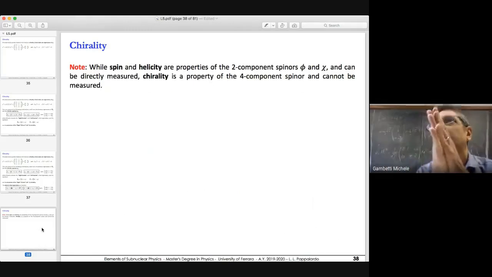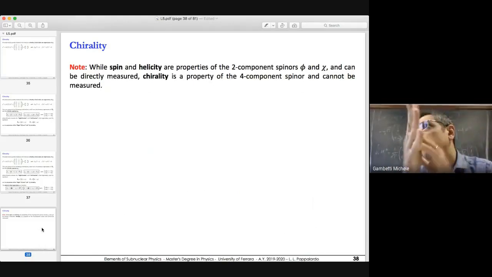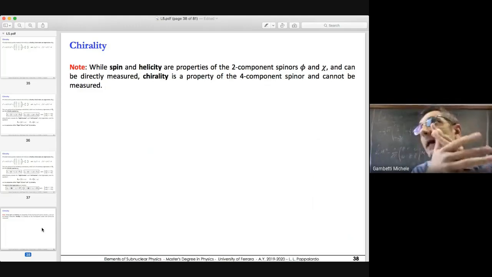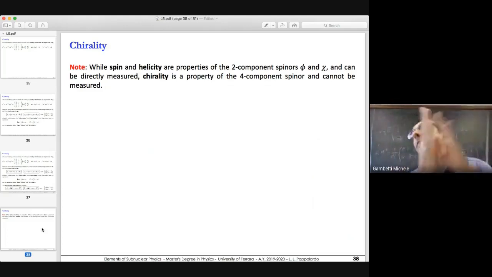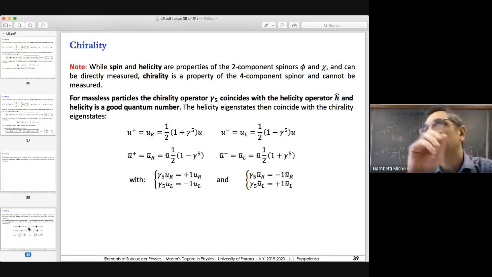Now, while the spin and helicity are properties of the two component spinors, phi and k, and can be directly measured experimentally, chirality is a property of the full solution, so it's a property of the four-component spinor, and it cannot be measured experimentally. However, helicity and chirality are strictly linked to each other in the limit where you can neglect the mass.